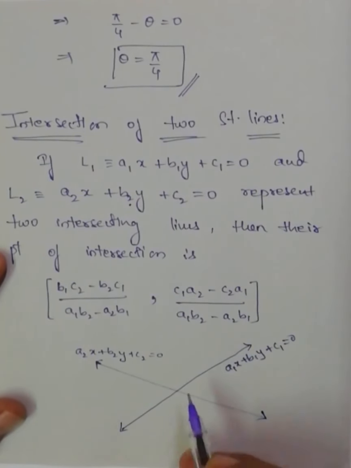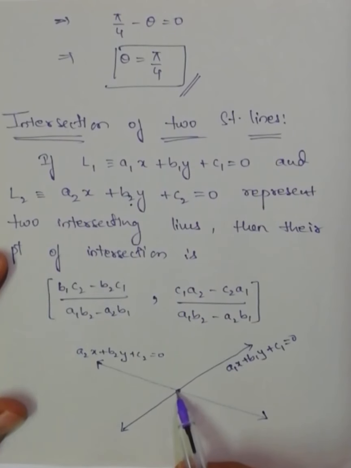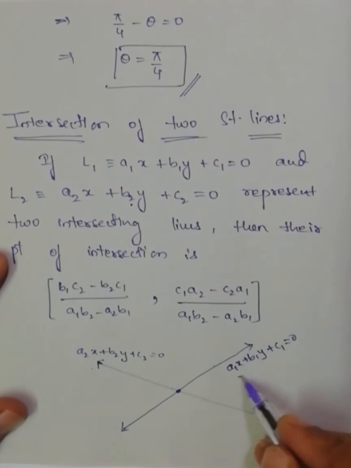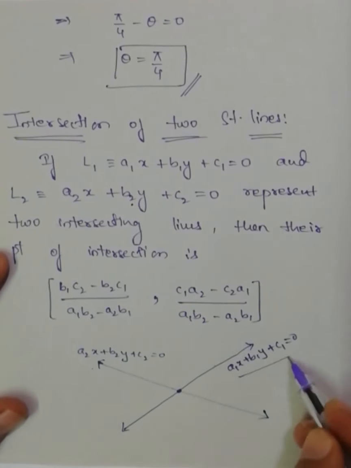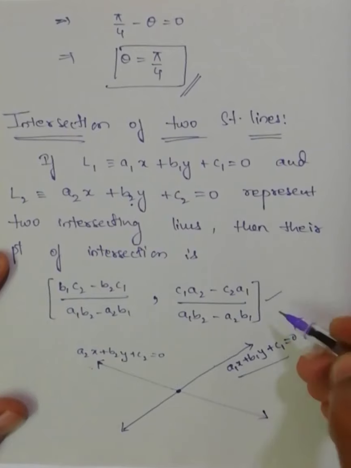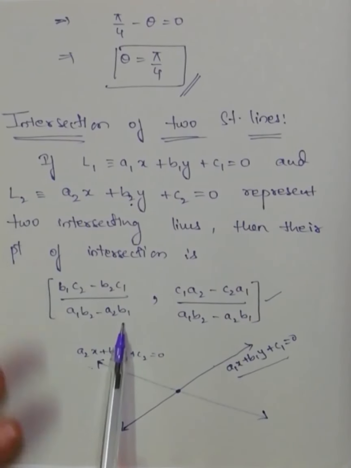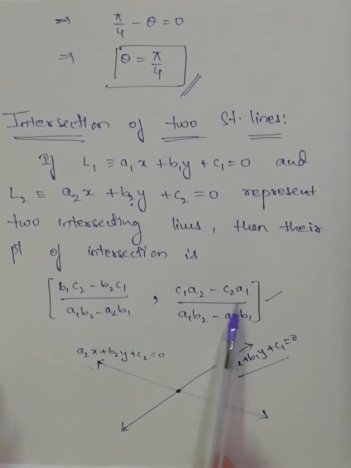I took two lines which are intersecting at a point. If we know the two lines in the general form of an equation, then we can find this point of intersection by using this formula: (b1 c2 minus b2 c1) by (a1 b2 minus a2 b1), comma (c1 a2 minus c2 a1) by (a1 b2 minus a2 b1).